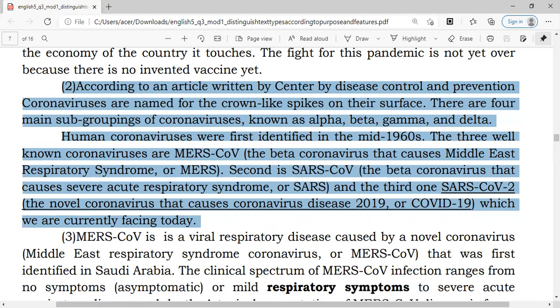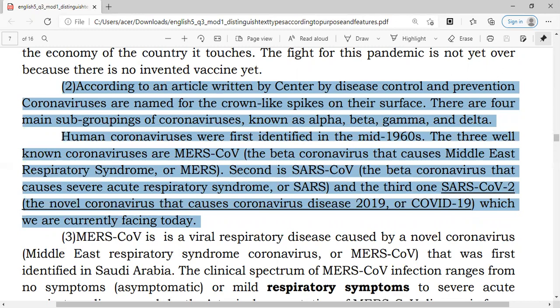The three well-known coronaviruses are MERS-CoV, the beta coronavirus that causes Middle East Respiratory Syndrome or MERS. Second, SARS-CoV, the beta coronavirus that causes severe acute respiratory syndrome or SARS. And the third one, SARS-CoV-2, the novel coronavirus that causes coronavirus disease 2019 or COVID-19, which we are currently facing today.